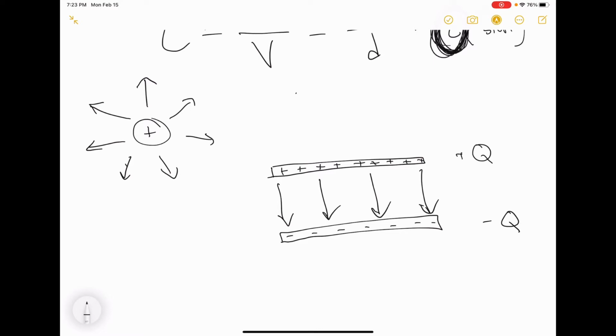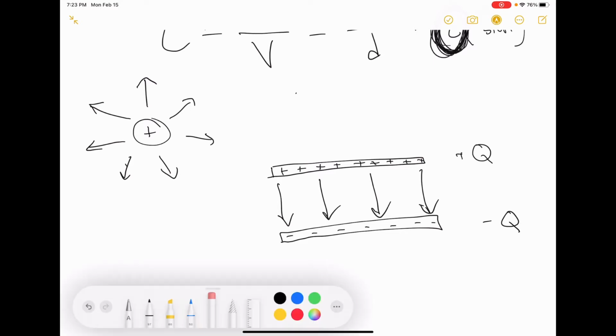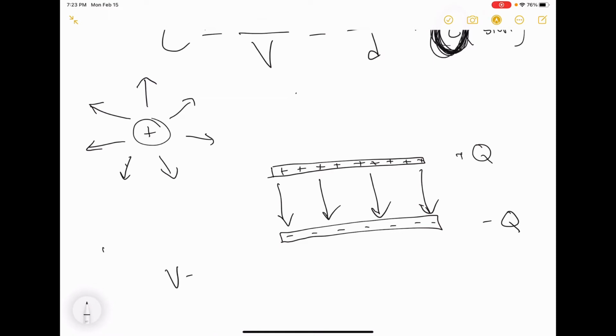Everything is fine. So we end up with a particular voltage because of that. And that voltage is going to be, as you know, the negative of the line integral from the minus plate to the plus plate. That's all well and good.